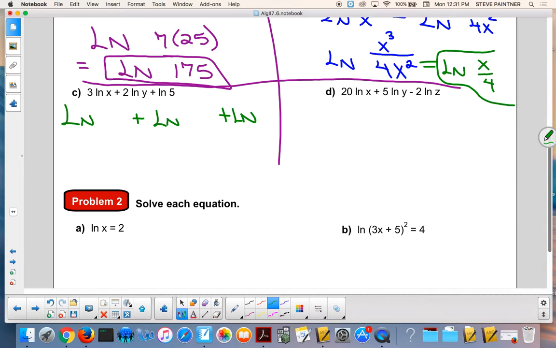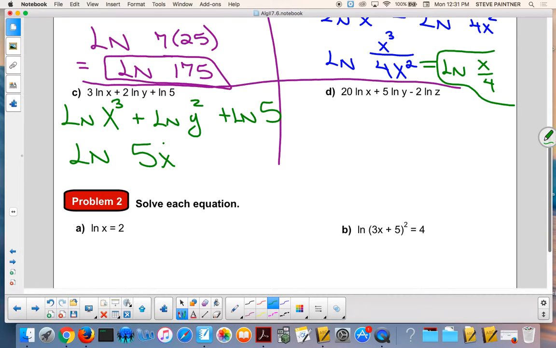This one I would have written natural log of x cubed plus natural log of y squared plus natural log of 5. And then I see plus and plus. I'm thinking, oh, addition turns into what? Multiplication. Just multiply everything, guys. The natural log of, how would you write that when you multiply? 5x.